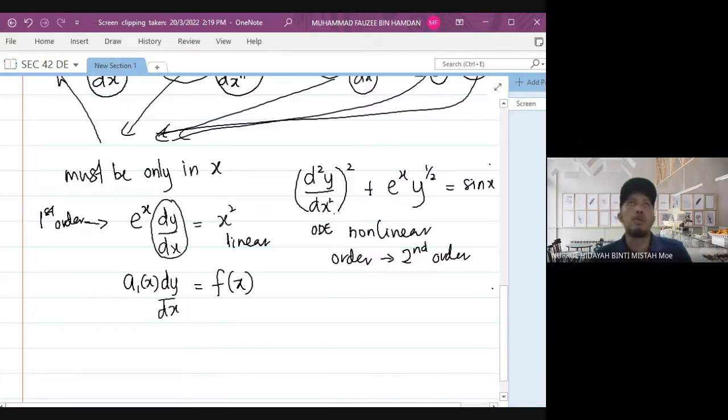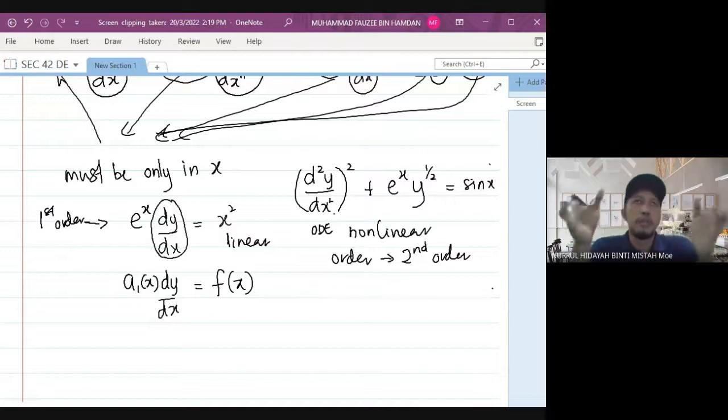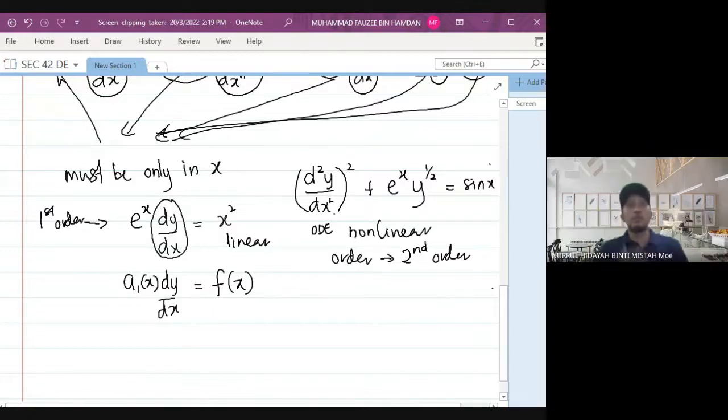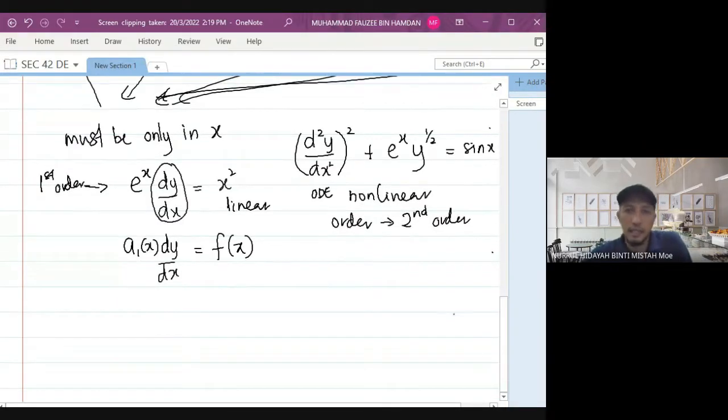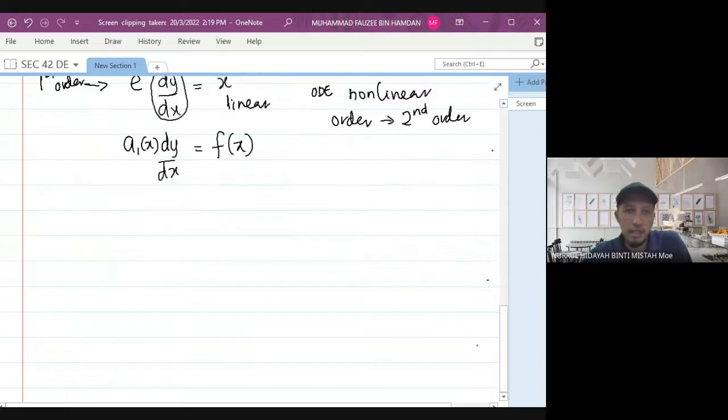In our syllabus, we go up to the fourth order, but for the first chapter, we just focus on the first order only. So for now you should know how to identify ODE versus PDE.